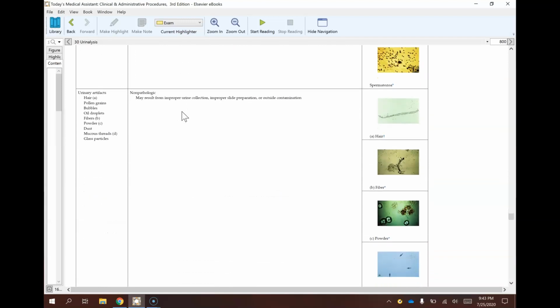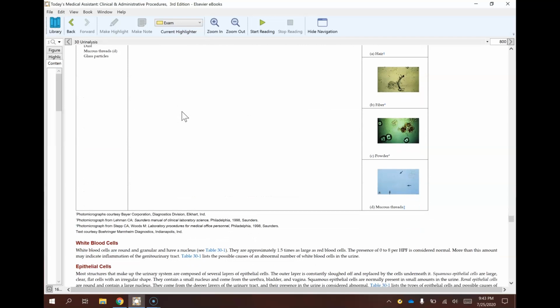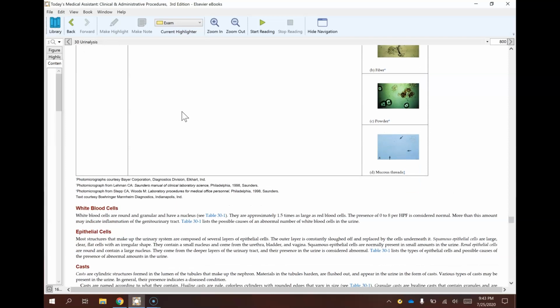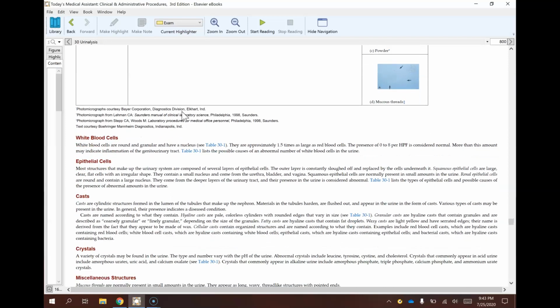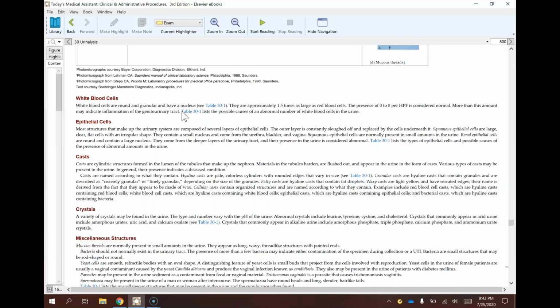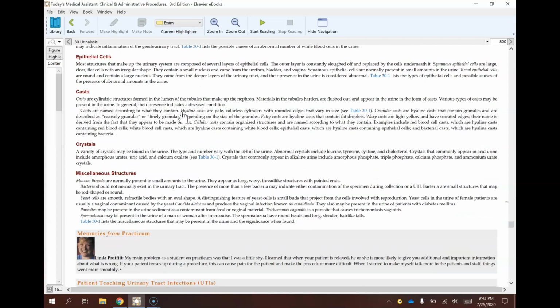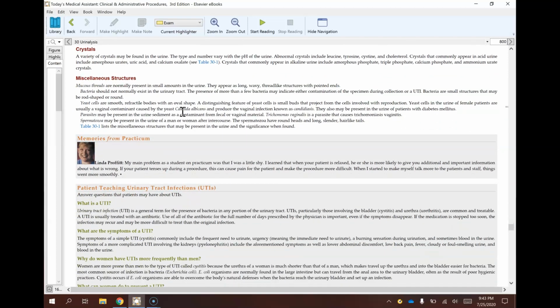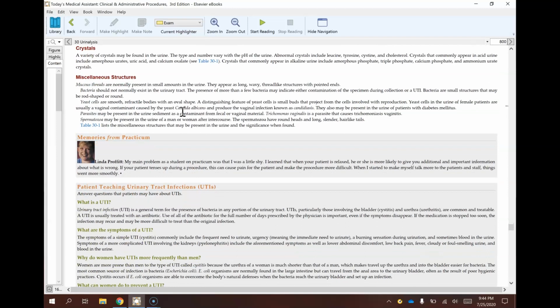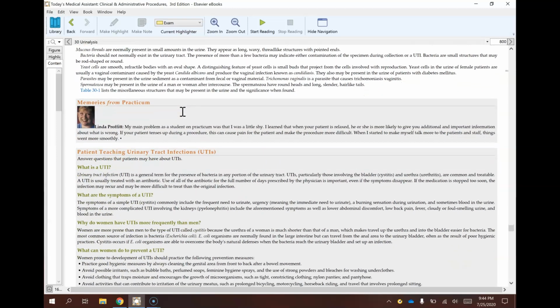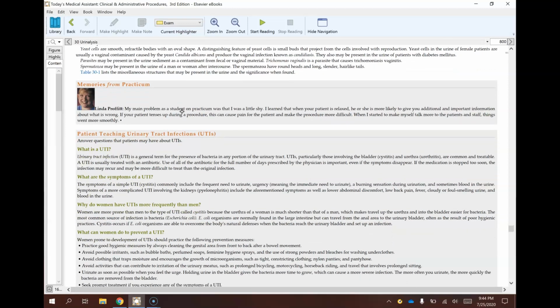Again, this mostly occurs in the laboratory. If you happen to work in an urgent care center, your provider may ask you to provide a slide, but usually he or she will do the analysis. So talking about red blood cells, white blood cells, epithelial cells, casts and crystals, and then you may also see mucus threads, yeast cells, bacteria, parasites, and spermatozoa.